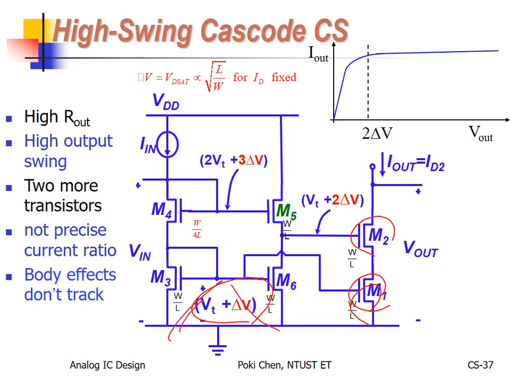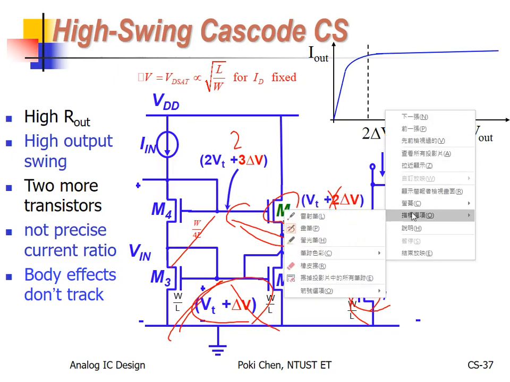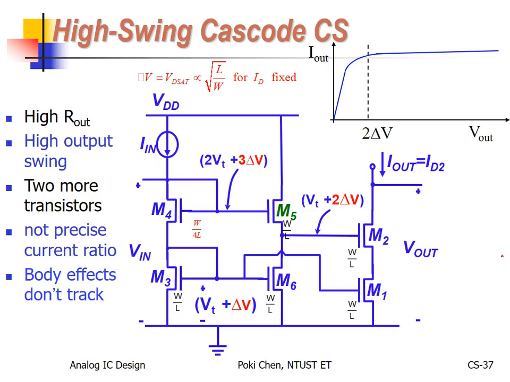But if you apply it again, you will get 2 VT, 2 delta V. And for 2 VT, 2 delta V for M5, then from gate to source, sorry, you only get 1 VT, 1 delta V, not 2 delta V. And this one won't operate in saturation region. It's no good.